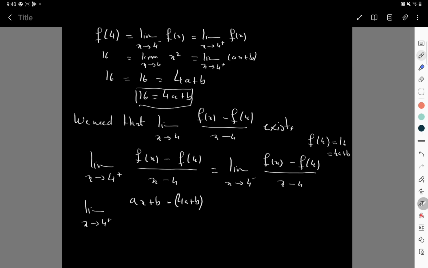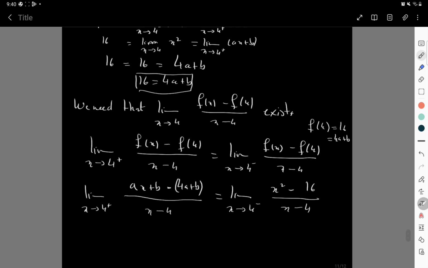For x going to 4 minus, this is x squared, and here it's better to keep it as 16, over x minus 4. Of course, I can use those two interchangeably. 4a plus b is equal to 16.